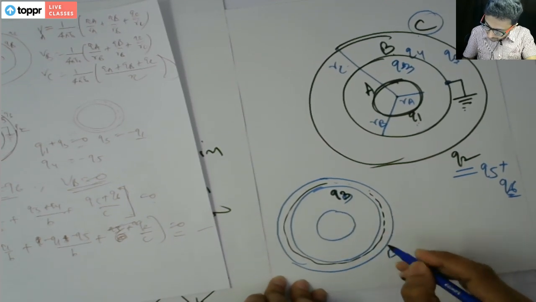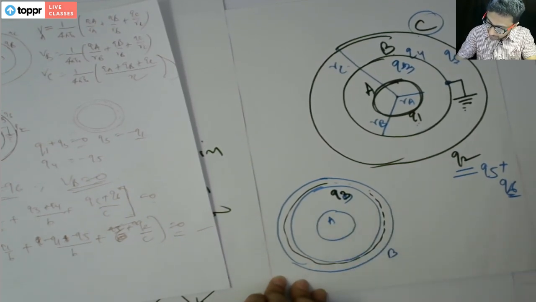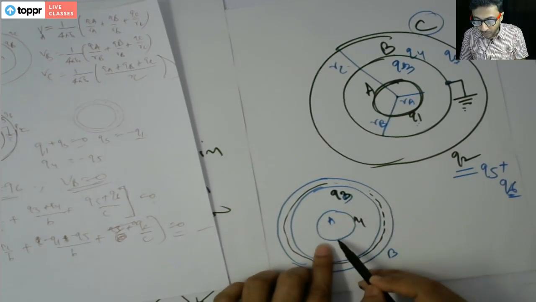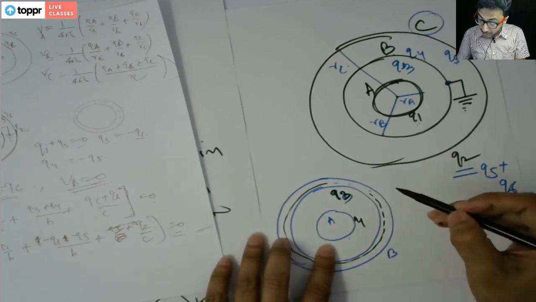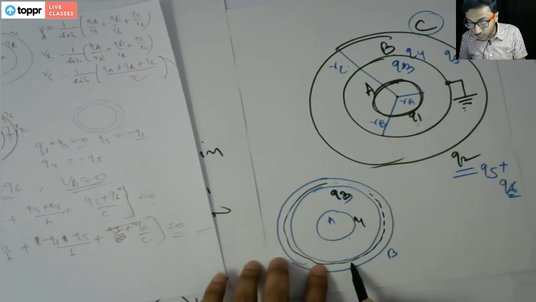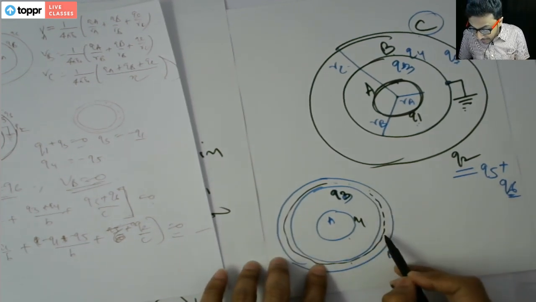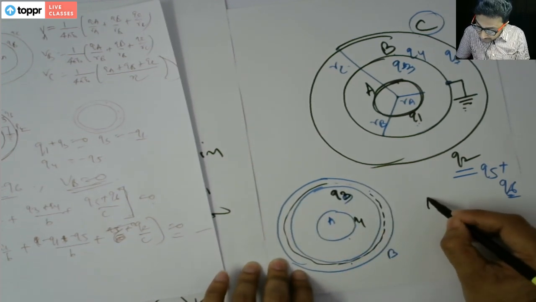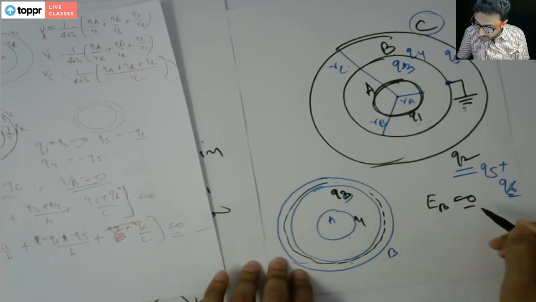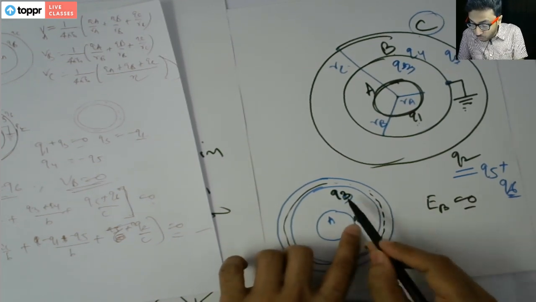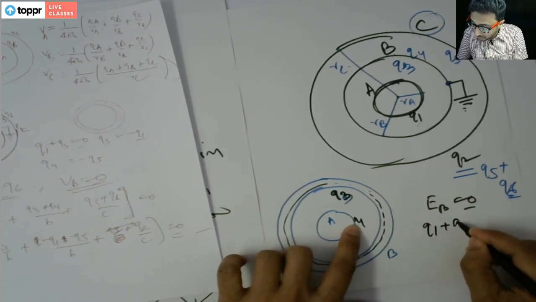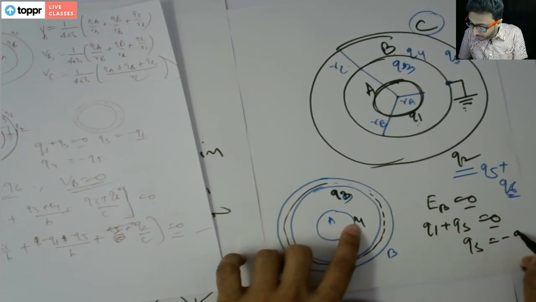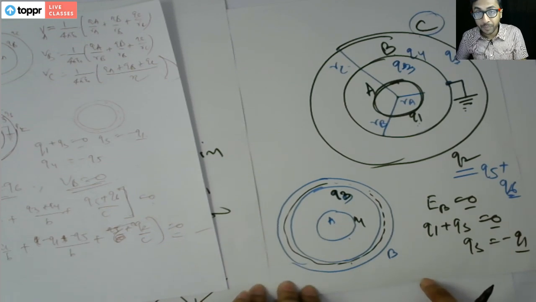This is B, this is A. Q1 is lying on the outside of the shell A. Now if you consider this Gaussian surface, the electric field within B will be 0. So as the electric field within B is 0, then what will happen? Q1 plus Q3 should be 0. So Q3 will be equal to minus Q1.